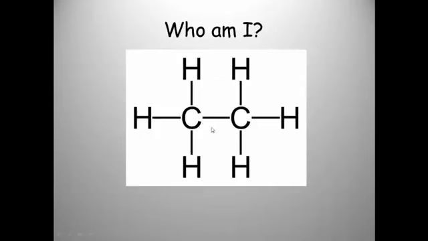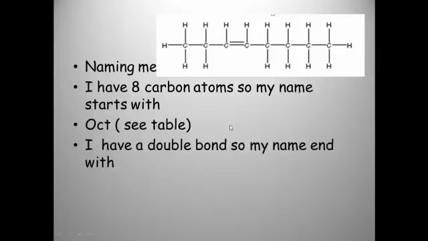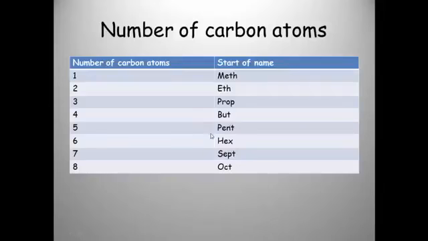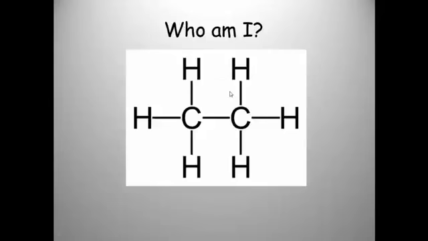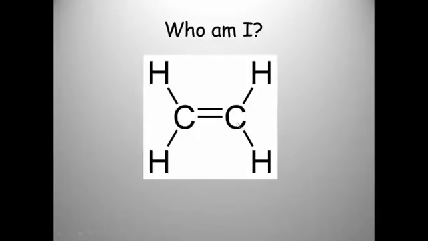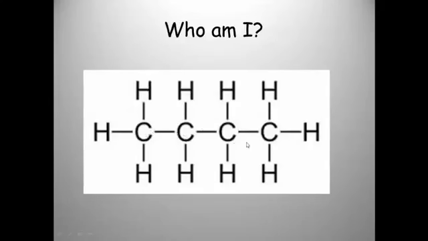Alright, so who am I? Well, you can look on the table, 2 carbon atoms, so it's going to start with eth. It has a double bond, so it's going to be ethene. This has 2 carbon atoms again, so it starts with eth, has a double bond, so it ends with ene, so this is ethene. 4 carbon atoms, so it starts with but, single bond, so it ends with ane, so this is butane.